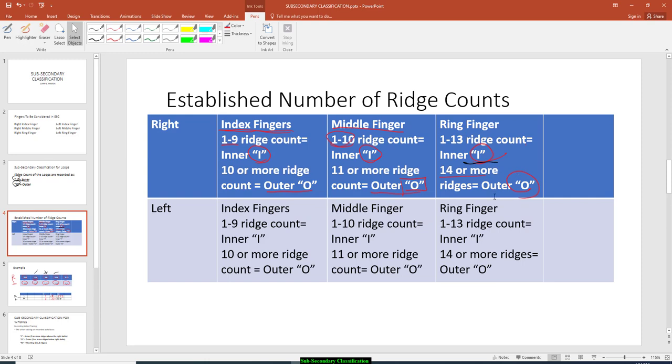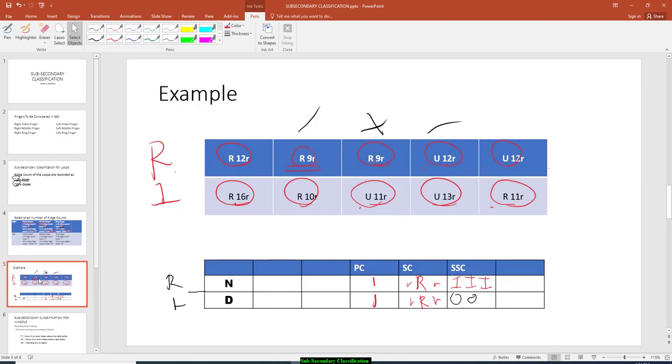So it lacks 1 to become capital letter O. So it will still be capital letter I. Okay. So that is the subsecondary classification for loops.